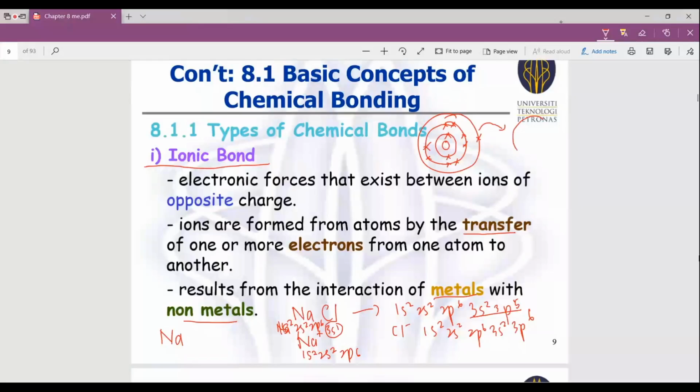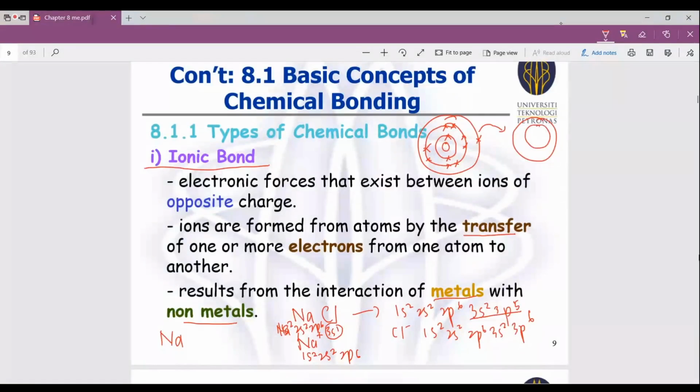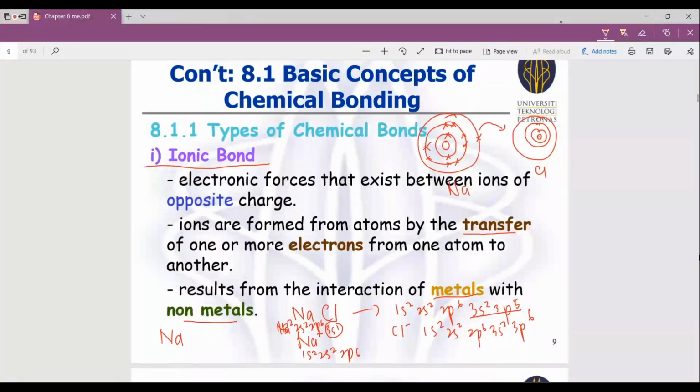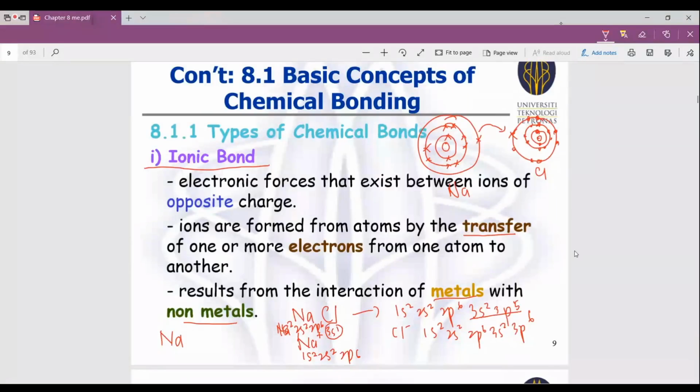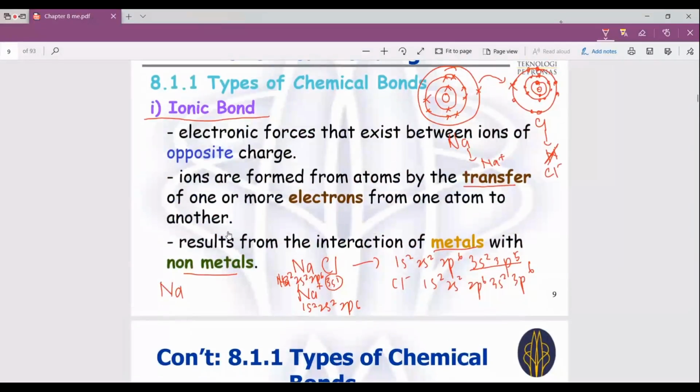Cl also has 1, 2, 3 shells. This is Cl. We transfer the electron here, because at first Cl has 17 electrons. So when Na donates 1 electron to Cl, Na becomes Na+, while Cl accepts it and becomes Cl-. So that's the ionic bond.